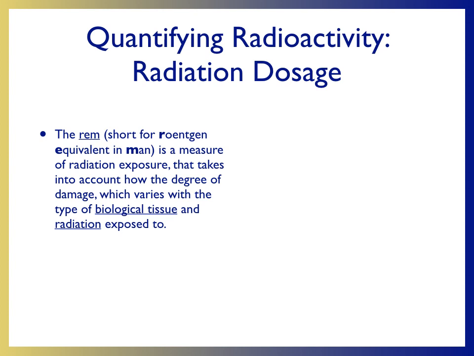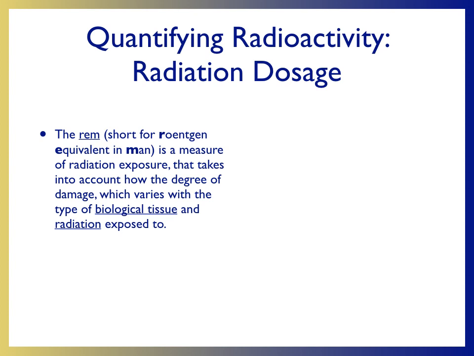These types of damage depend on two things: the type of biological tissue that's exposed, such as skin, muscle, heart tissue, or mucous membranes, and also the type of damage that the radiation can do.